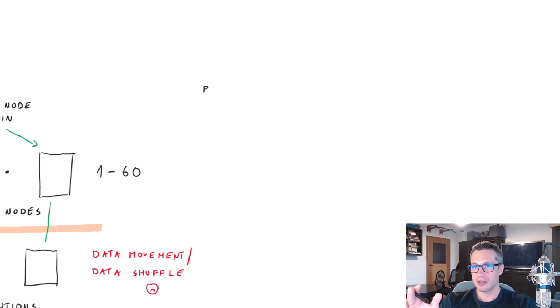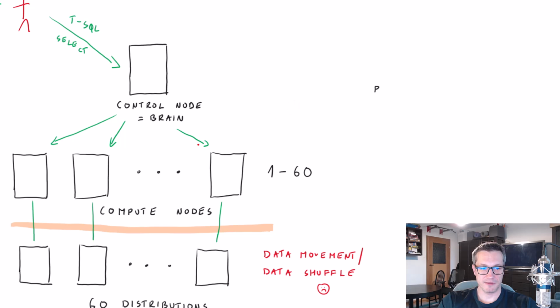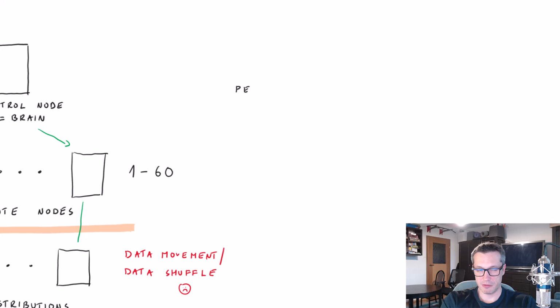Later on, we can change it. We're going to scale it up to have more compute nodes, or scale it down to have less, depending on our workload. But at the time when we are creating the dedicated SQL pool, we have to make some initial choice. And this choice, or this property, is called performance level.